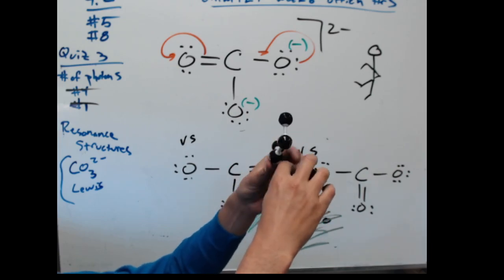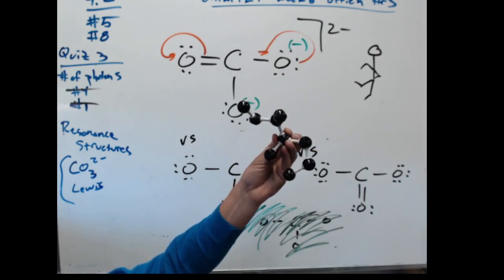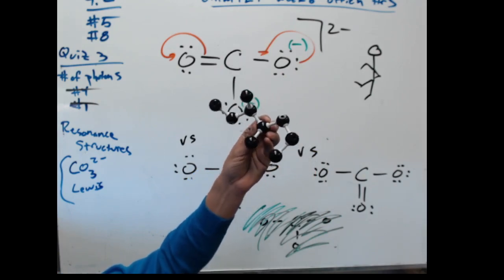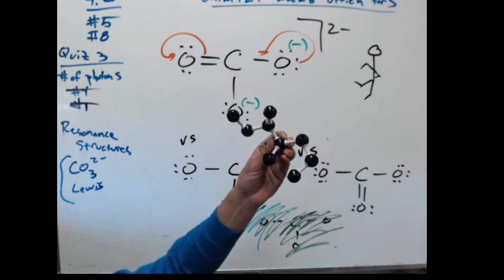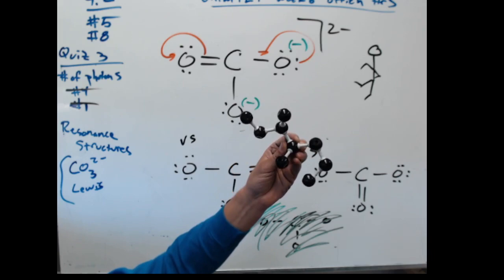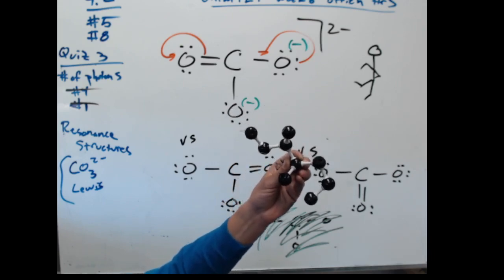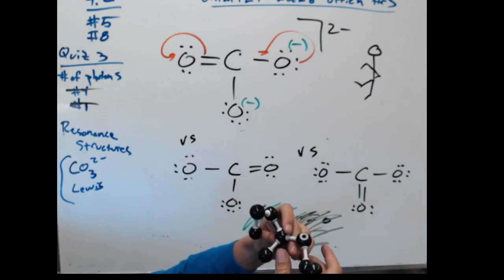And so I can rearrange it so it looks like this, and now it looks pretty different. But the definition of an isomer is the same molecular formula with a different Lewis structure. To have a different Lewis structure, I need to break bonds and make bonds.